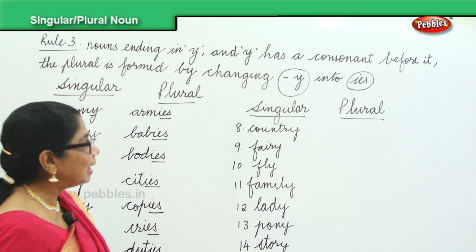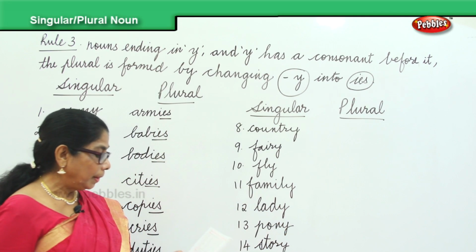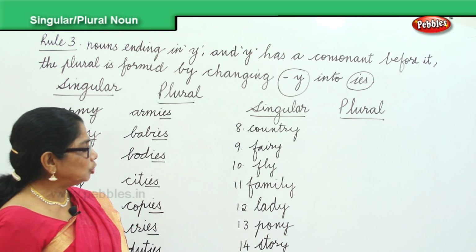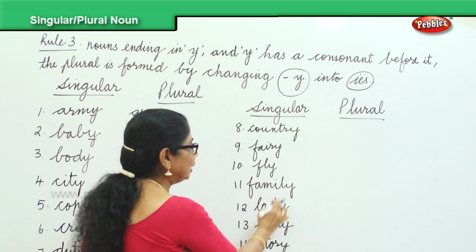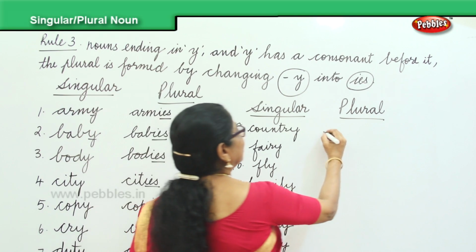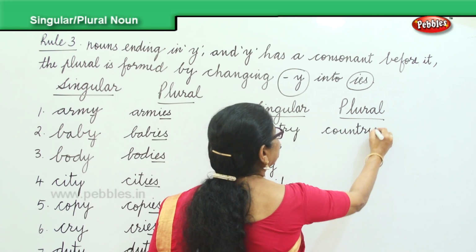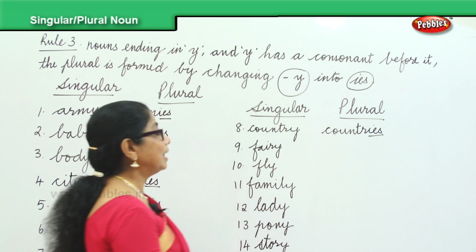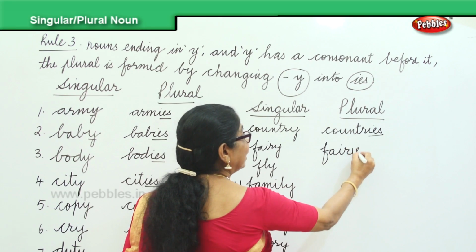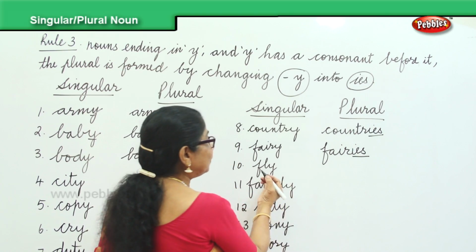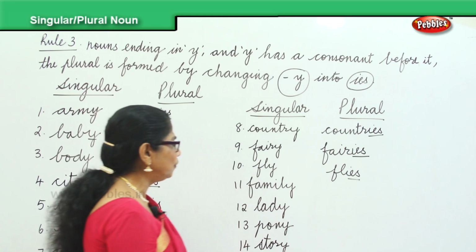Now here, let's look at it. Country, fairy, fly, family, lady, pony, story. Then you have library, lily. Lots of words are there. Again, for all of these, there is a y and a consonant before it. So now, country. Form the plural: ies is added. Countries. Fairy, fairies. Fly, flies, lots of flies.